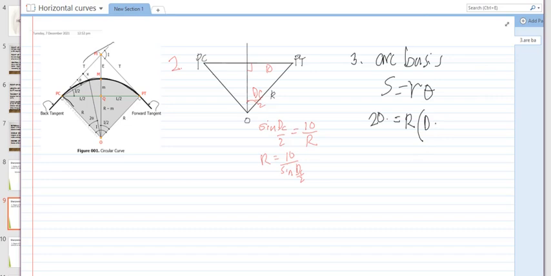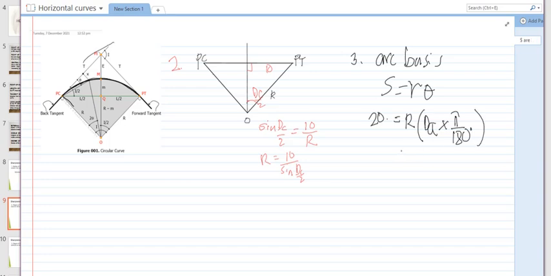Since we are denoting the arc basis, we will use A. That is in degrees, so we convert the angle to radians by pi divided by 180.